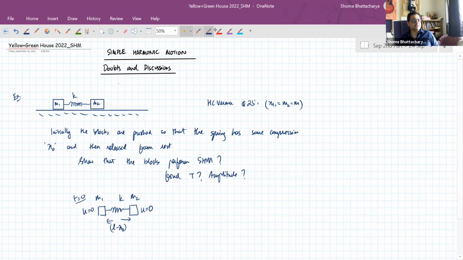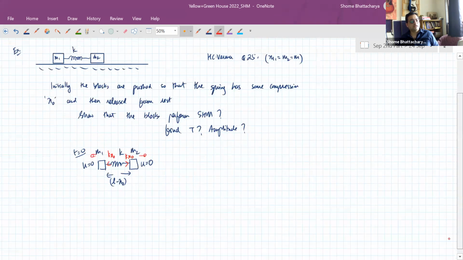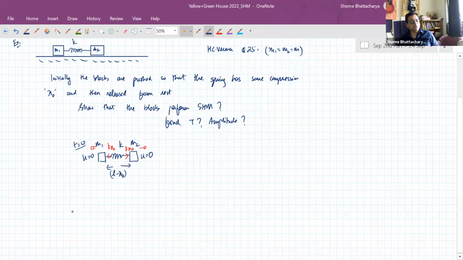As a result of the force in the spring, which is kx0, they will tend to accelerate in the outward direction. After some time, suppose they reach the mean position, where the spring is back to natural length. So the block's acceleration is 0. This is the mean position.